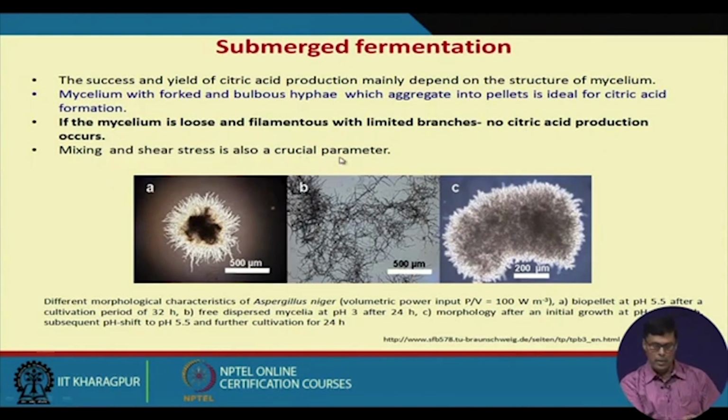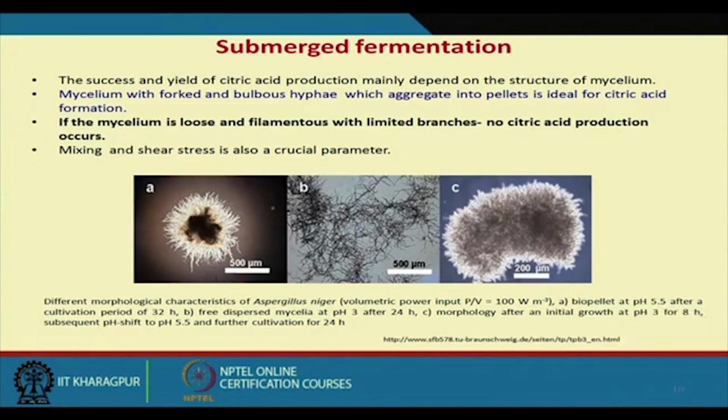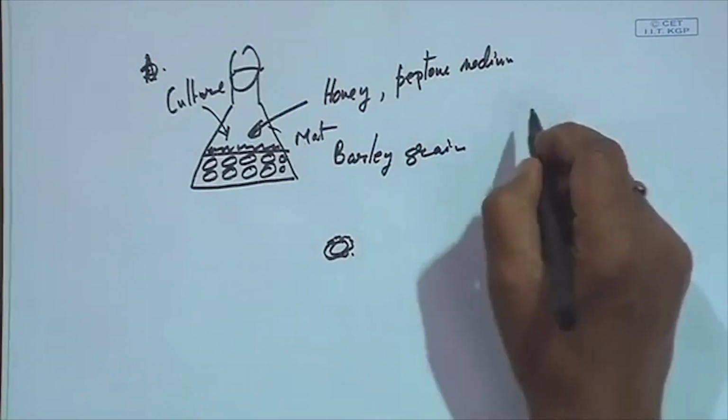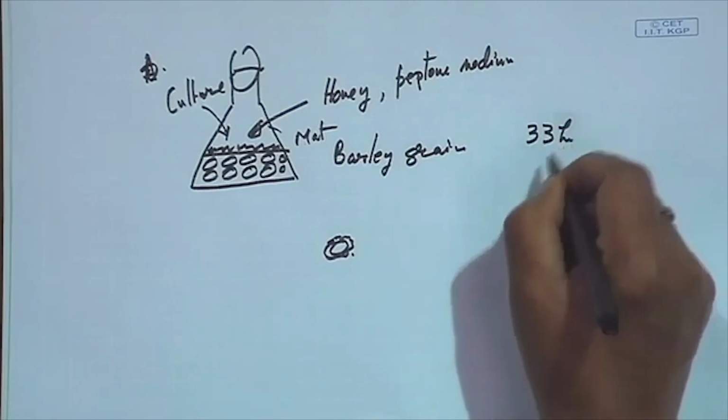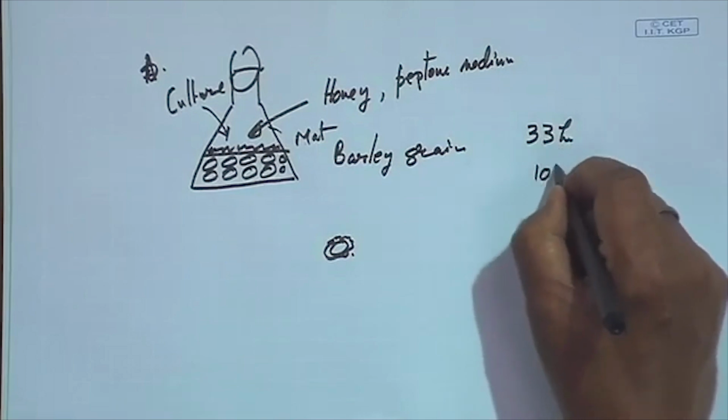a crucial parameter. I mentioned before that one typical characteristic of citric acid fermentation, or fungal fermentation processes, is that at the initial stage of fermentation you have to keep the mechanical agitator idle for some time. I can give the example that for the inoculum vessel, the time of fermentation is 33 hours and the idle time is approximately 10 hours.